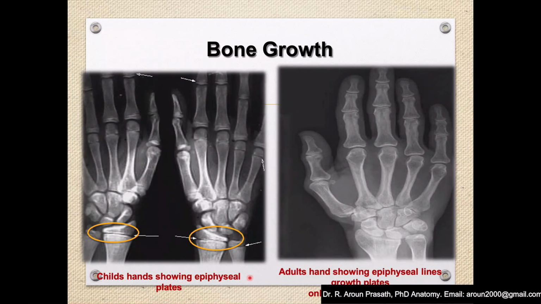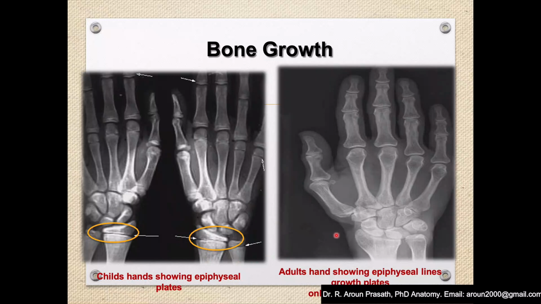Coming to childhood bone, the bone of a 7-year-old boy, you see this is the radius, and you can see this is the epiphyseal growth plate. This is the place where the bone grows.